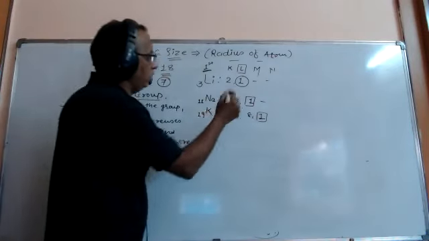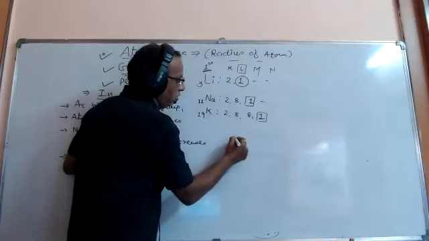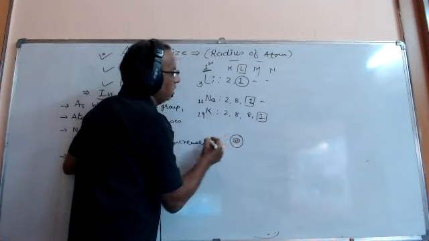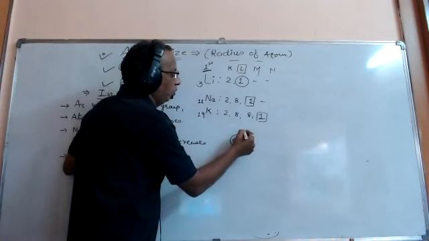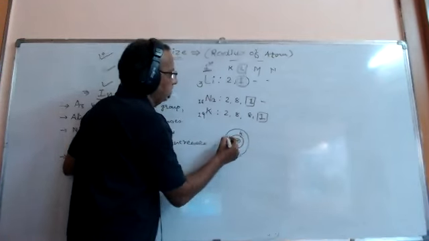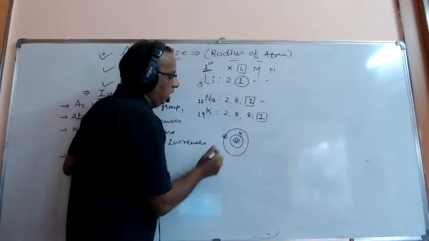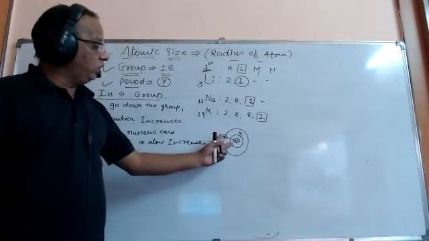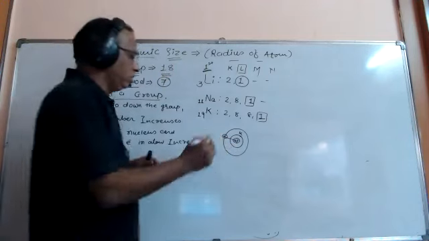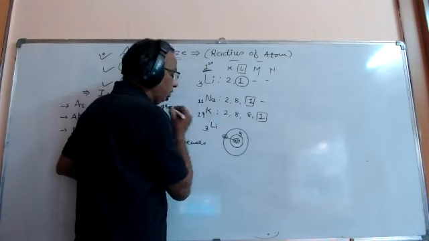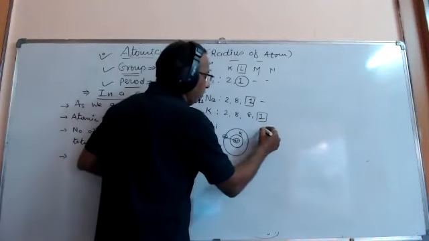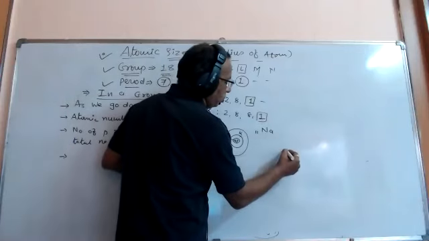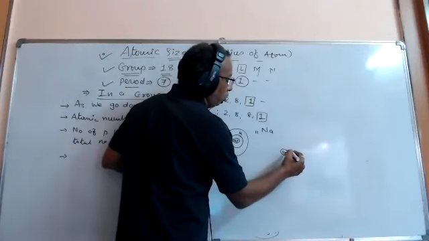So if we draw the structure, this is the nucleus of lithium having 3 protons. This is the first shell, K shell, having 2 electrons. And then friends, this is the L shell having 1 electron. So we just take this area as the radius. This is for lithium, number 3. If we think for sodium afterwards, it is 11, and this is the nucleus with 11 protons.